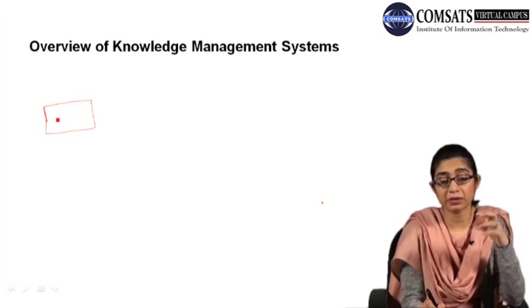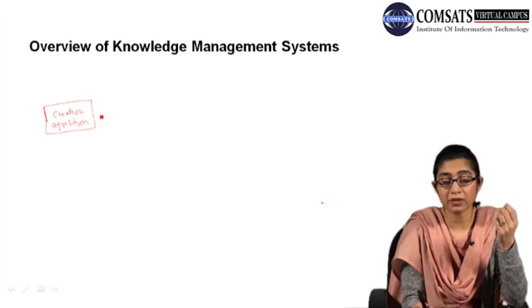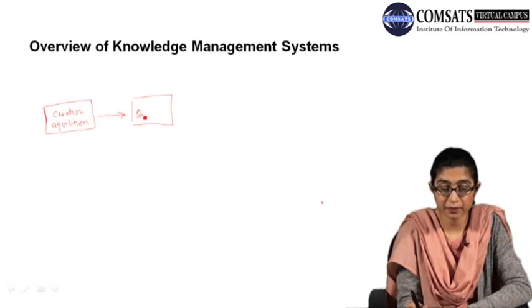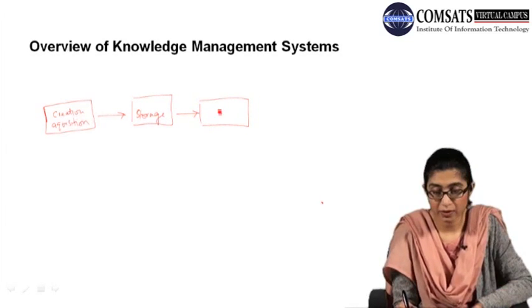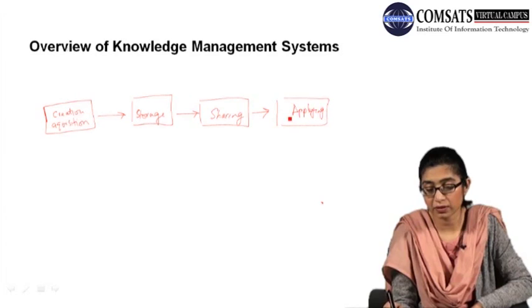So when we talk about the knowledge management system, first step is knowledge creation or acquisition. Either you're creating knowledge or acquiring knowledge from somewhere. Then next step is knowledge storage, and then comes knowledge sharing or knowledge dissemination, and in the end we have applying or reusing the knowledge.